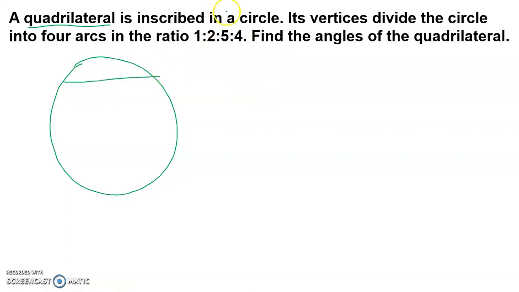It says the vertices divide the circle into 4 arcs: 1, 2, 3, 4. Let's say this is the larger arc. The arcs are in that ratio, which we don't know yet.